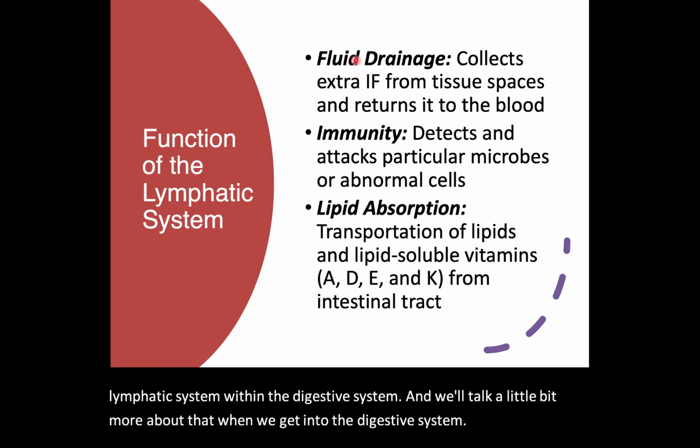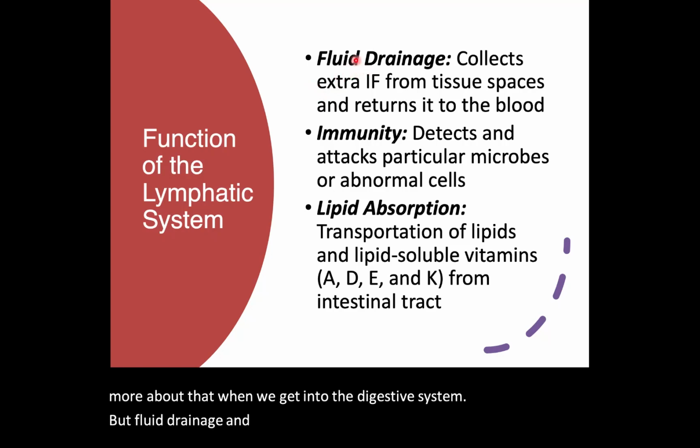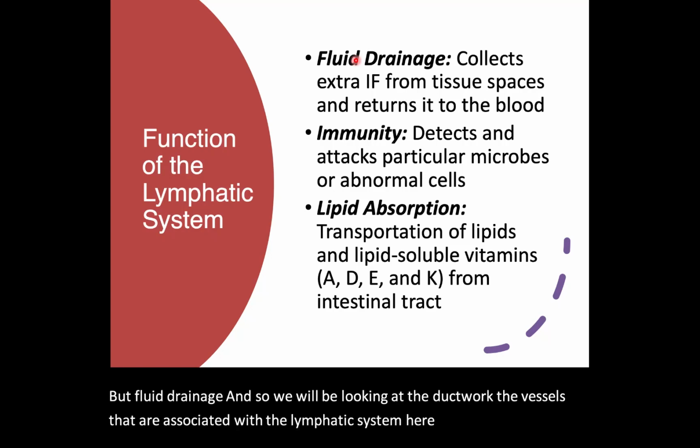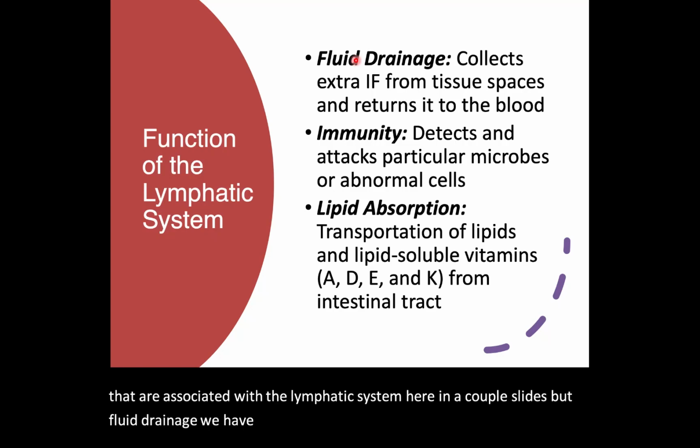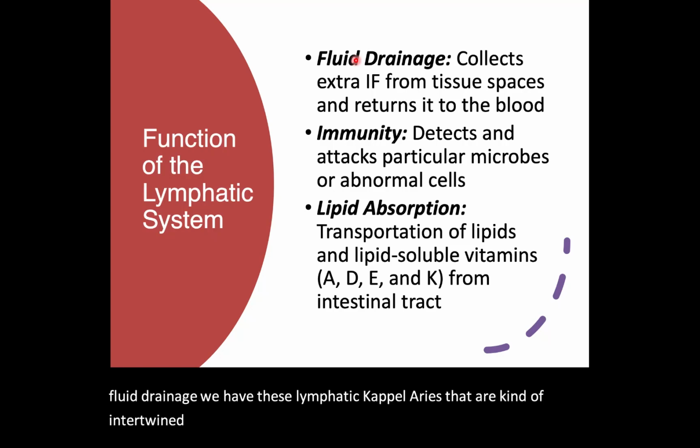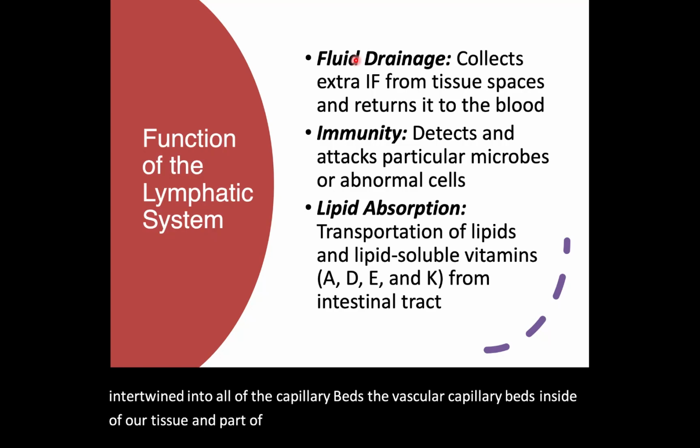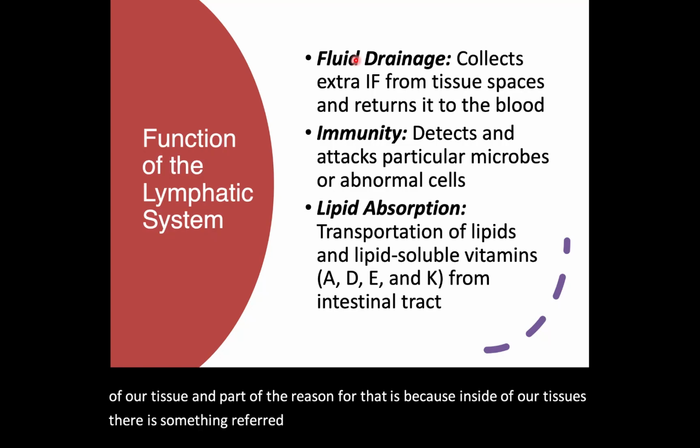But fluid drainage, and so we will be looking at the ductwork, the vessels that are associated with the lymphatic system here in a couple slides. But fluid drainage, we have these lymphatic capillaries that are kind of intertwined into all of the vascular capillary beds inside of our tissue. And part of the reason for that is because inside of our tissues, there is something referred to as interstitial fluid.